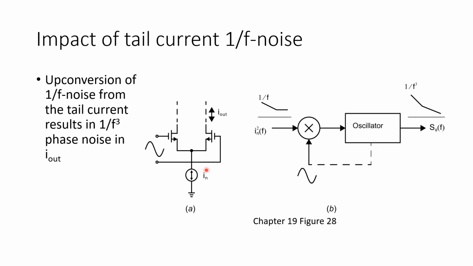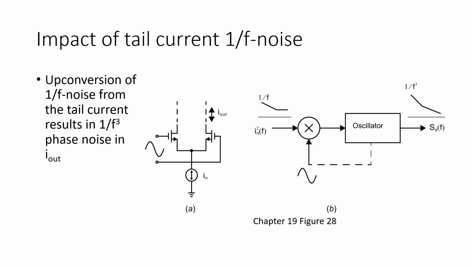So when you have a tail current source here in this differential pair that introduces some noise, that noise ends up upconverted by the oscillator clock waveform to appear around the oscillator output frequency.